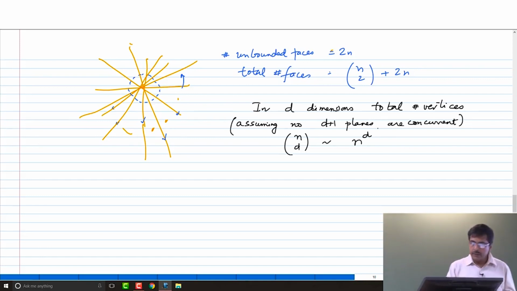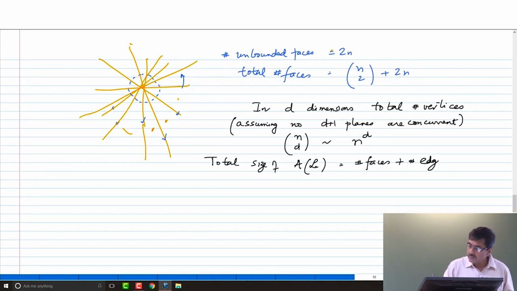So, the total size of the arrangement A of, let us say, L is equal to the number of faces plus the number of edges plus the number of vertices, if you think about it like a graph, and this is basically O of n square.